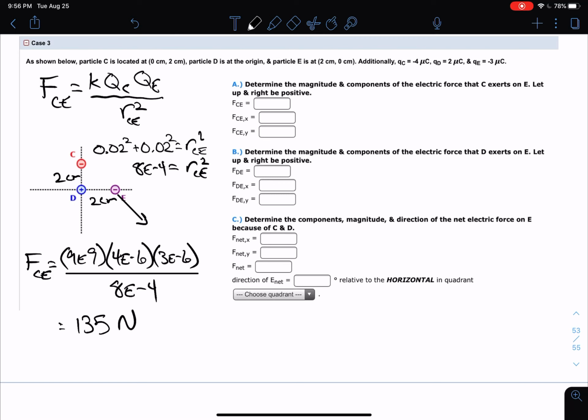So to get the components, of course, you need to know the angle. The great thing is this vector is pointing right along with this side of the triangle. And this, you probably already noticed, is an isosceles right triangle that I have set up here.